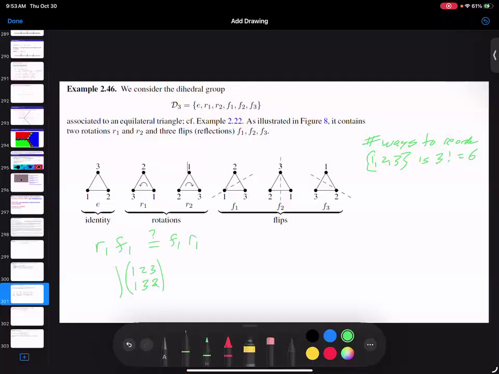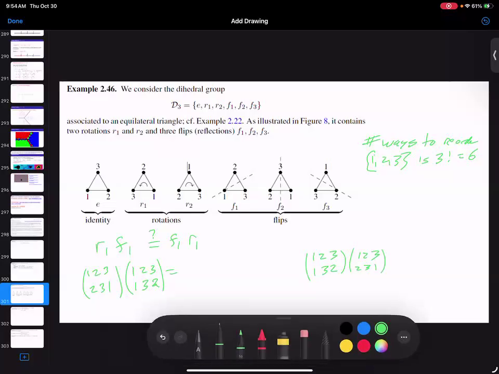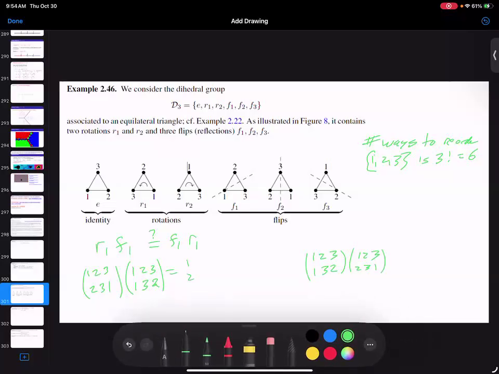And then R1 is: 1, 2, 3, 1 goes to 2, 2 goes to 3, 3 goes to 1. And we can compute the other order. So if we compute this, 1 goes to 1, 1 goes to 2, so we get 1 goes to 2. On this side, 1 goes to 2, 2 goes to 3.